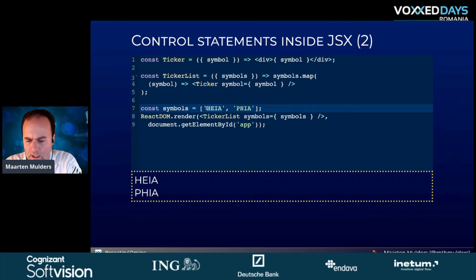So for Heineken, I'm calling this function, which renders a ticker with a symbol passed as a parameter, and that eventually creates the ticker there. And then for Philips, it's the same thing. So that's how you can iterate over lists, and that's something that you might quite often do.